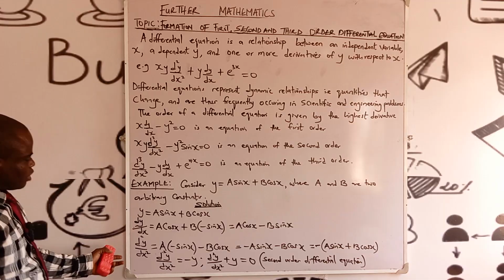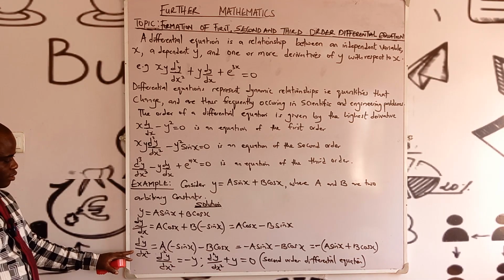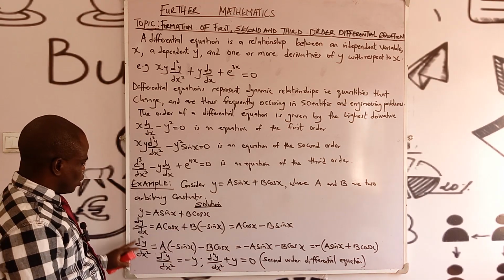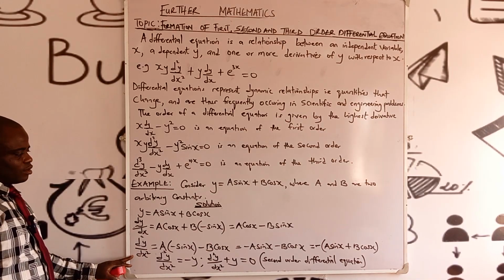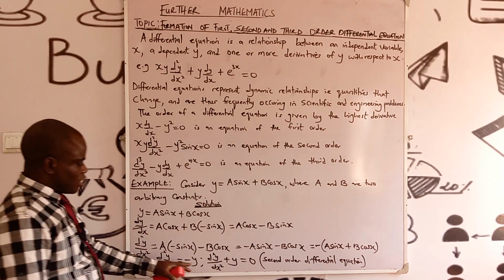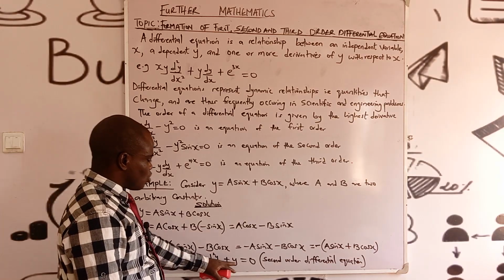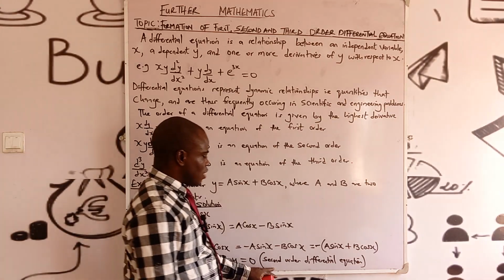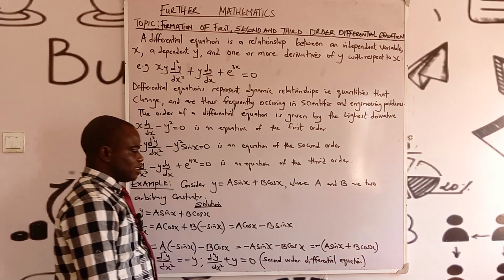Since you have two constants, we have to differentiate twice. That's why you now have d squared y over dx squared plus y equals 0 as our second order differential equation.